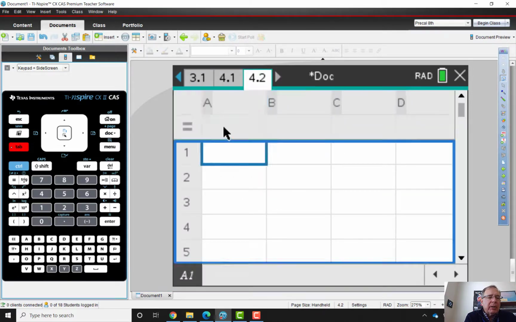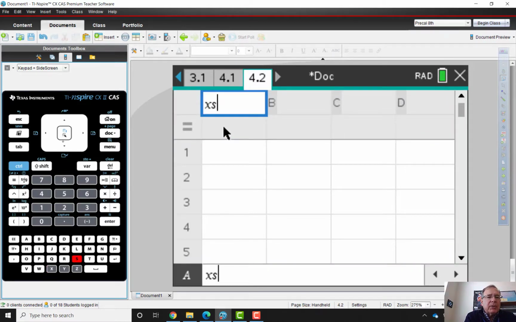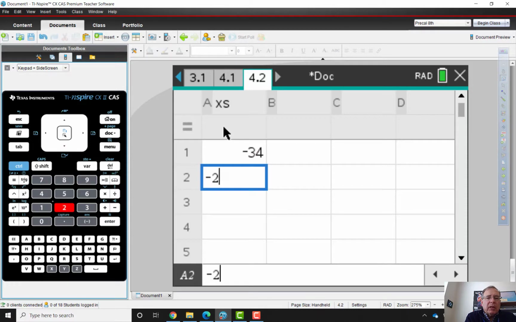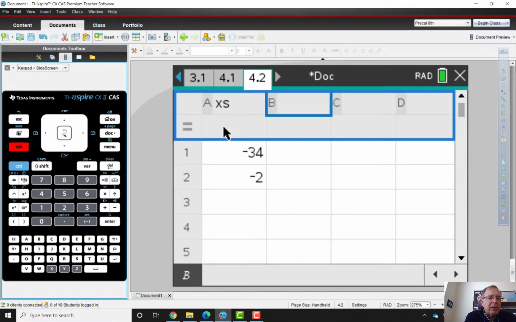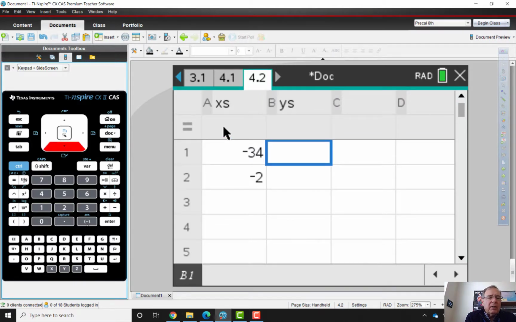I'm going to go tab to get to the top. Then I'm going to make the x's in the first column. So that's going to be negative 34 and negative 2. Then go to the next column, hit tab to get up to the top. I'm going to say that's my y values, and that's negative 80 and 16.